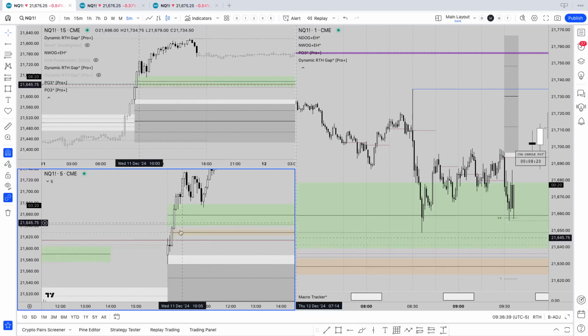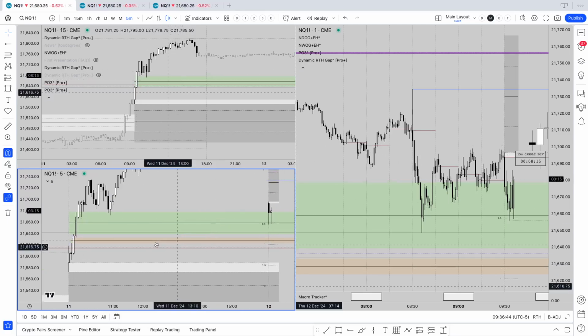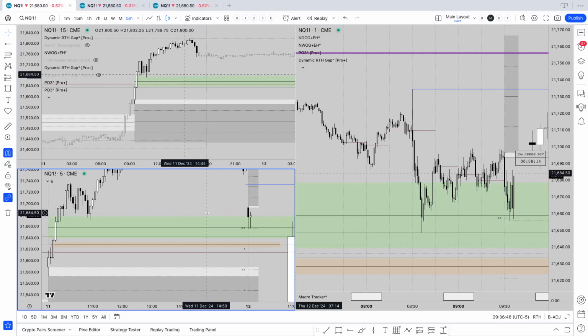Okay, so this is like an algorithmic signature, and this is something that I like a lot to see.